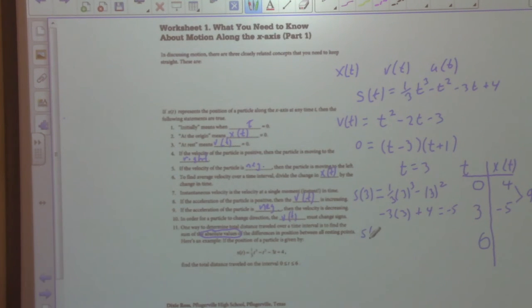So next we do 6. So s of 6 is equal to 1/3 times 6 cubed. And I think 6 cubed is 216 if I'm not mistaken, minus 6 squared, minus 3 times 6 plus 4. So 1/3 of 216 is 72.